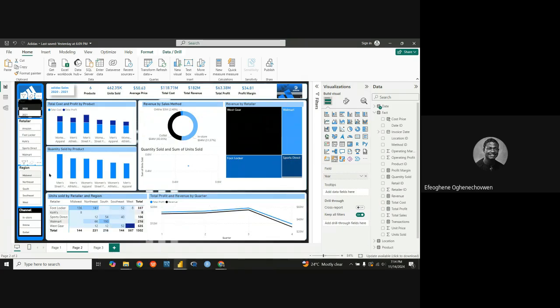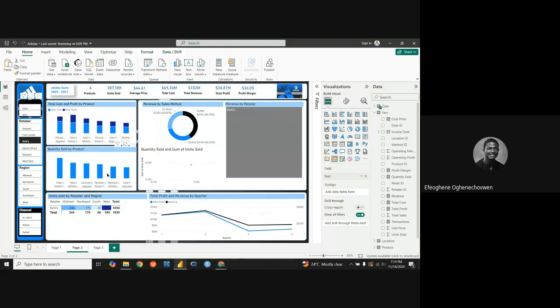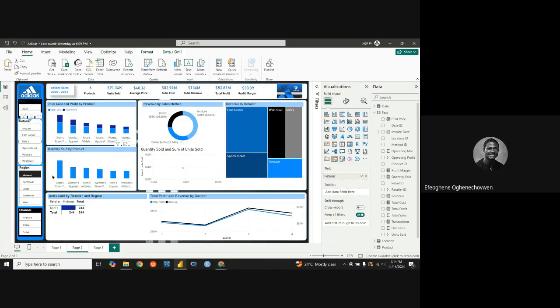You can see total profit and year by quarter. I can come to my retailer to see how we are doing. So it's interactive, and we begin to understand all of this too.